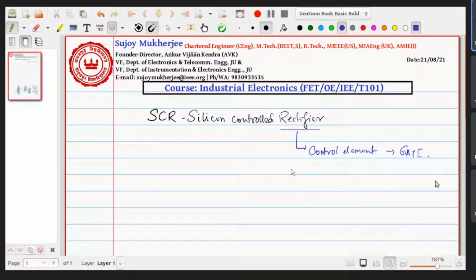We apply some suitable biasing voltage at this gate terminal, and accordingly the device will be turned on. If we apply a bias voltage, then some amount of current will flow into the device, and that is referred to as the gate current.